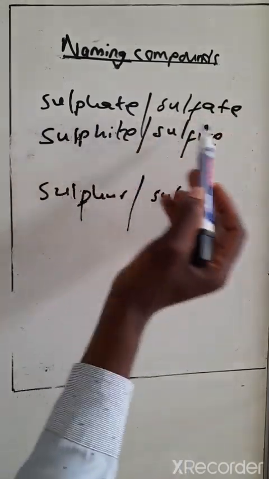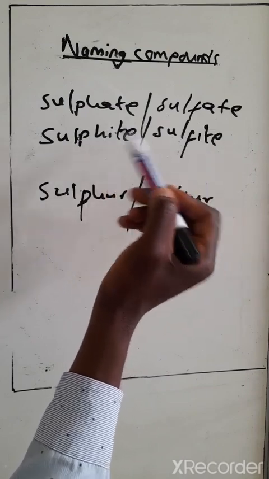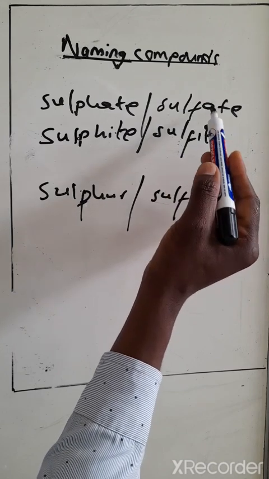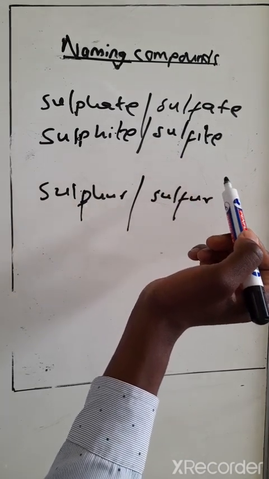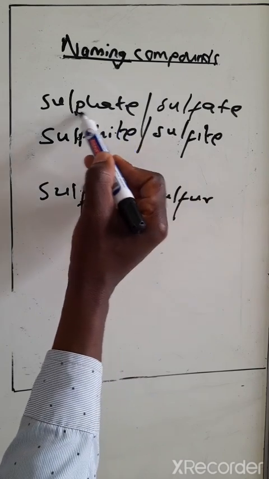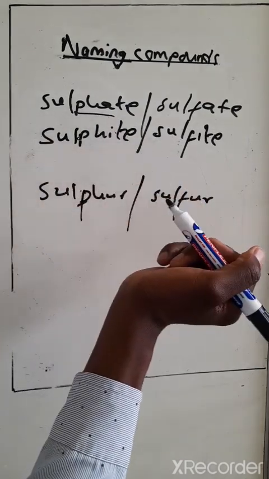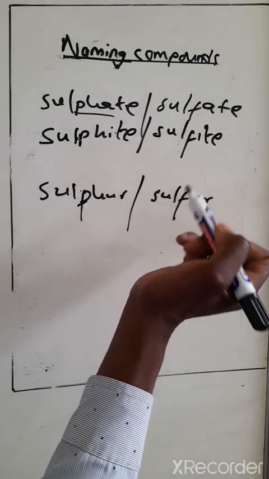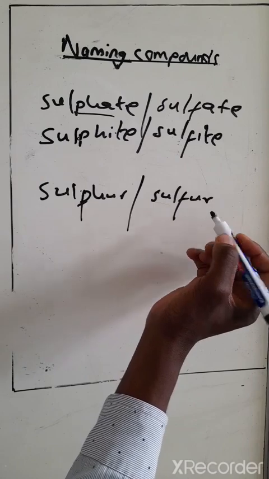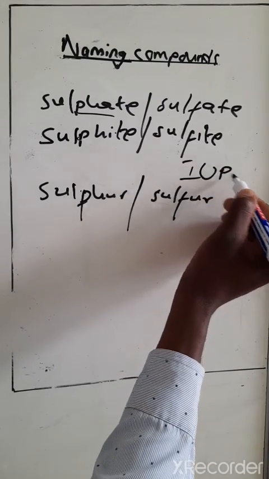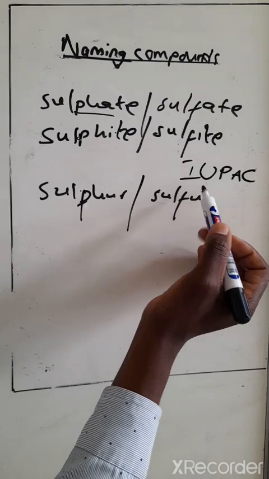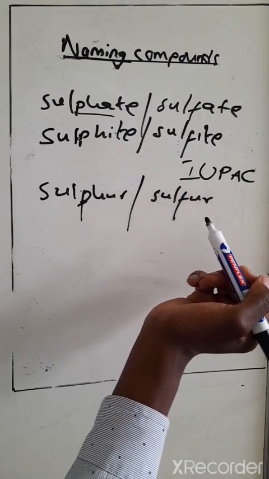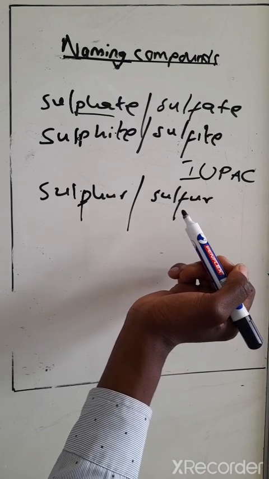Both are English terms. The F spelling is American English, and the P spelling is British English. The F spelling is also accepted by the IUPAC, the international organization for naming compounds.